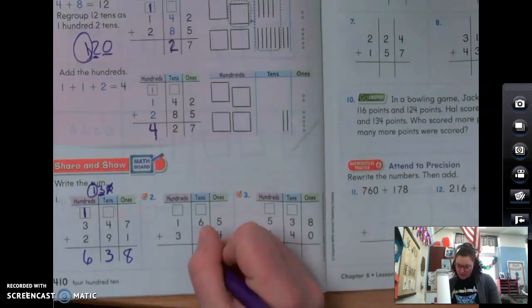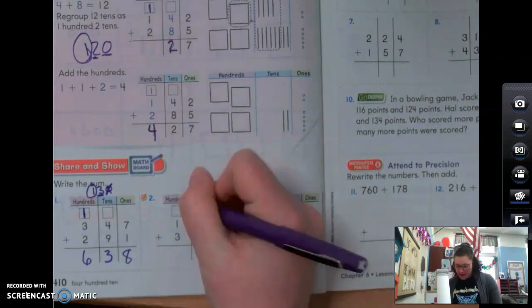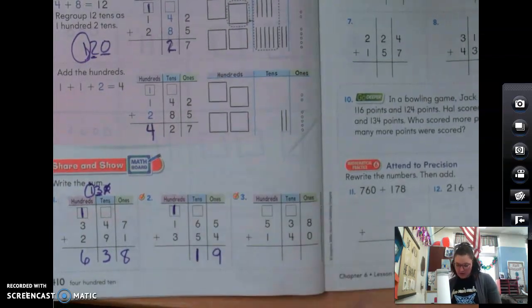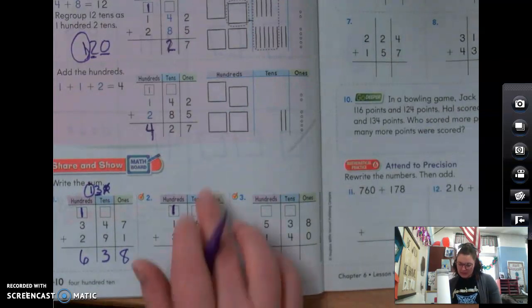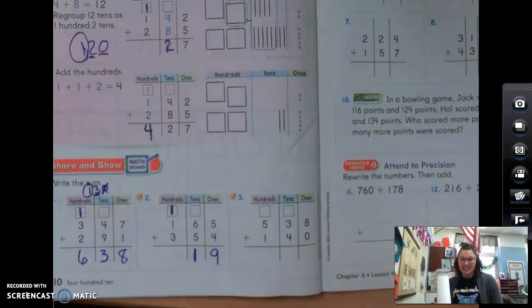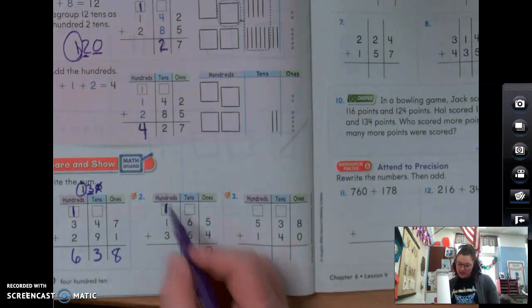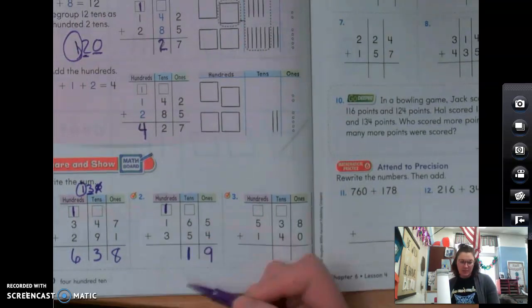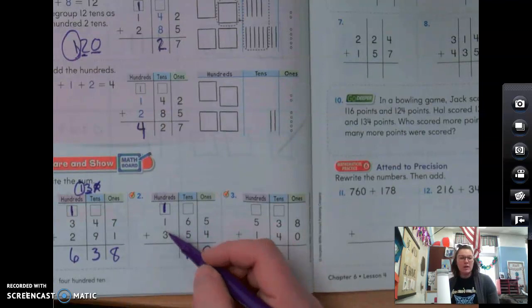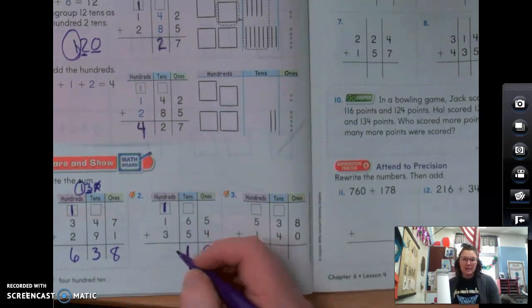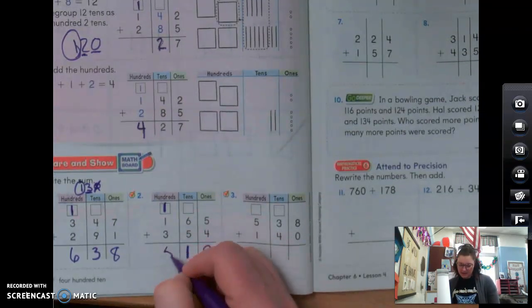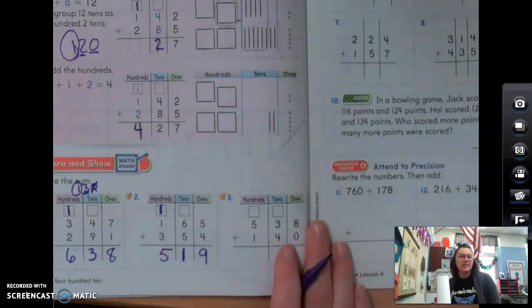So with that 11, I put the 1 here, and I put the 100 up here. Because that's 11 tens, and 11 tens is equal to 110. So 1 ten here, and then the 100 up here. Then it's 1 plus 1 plus 3 and that is 5. 519.